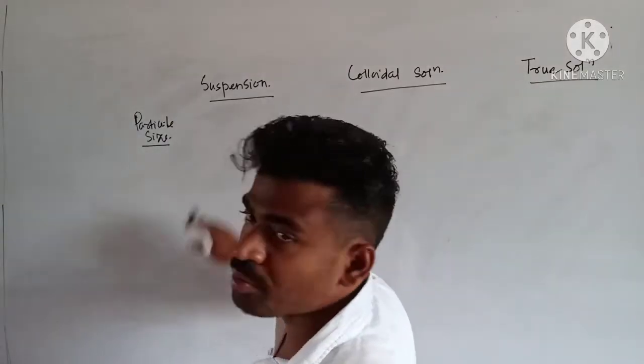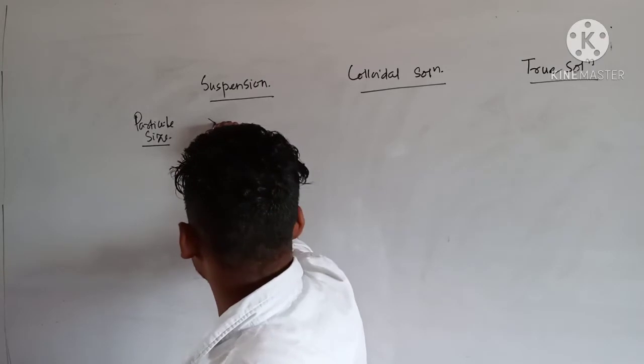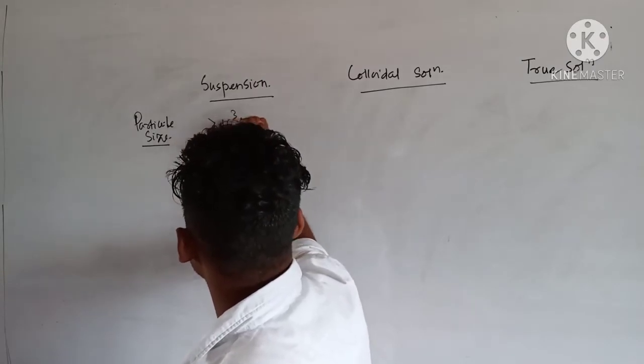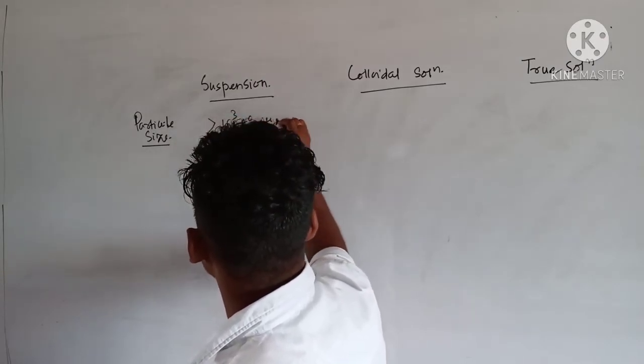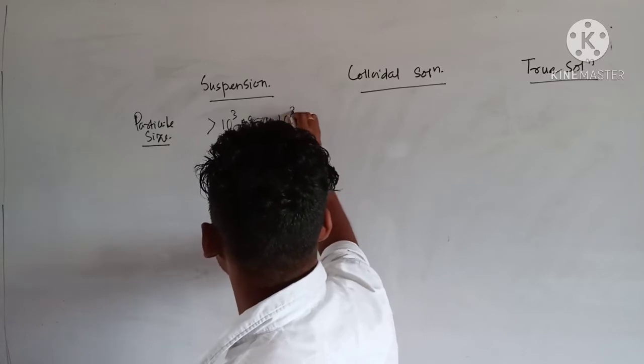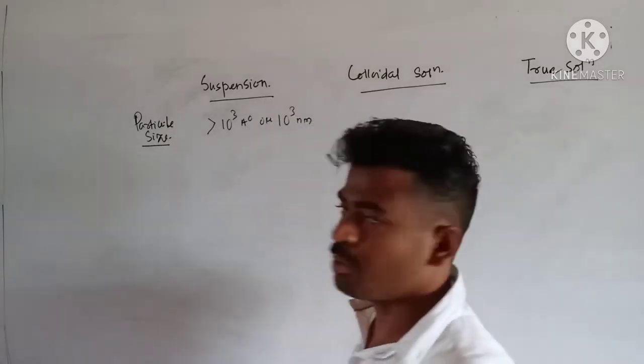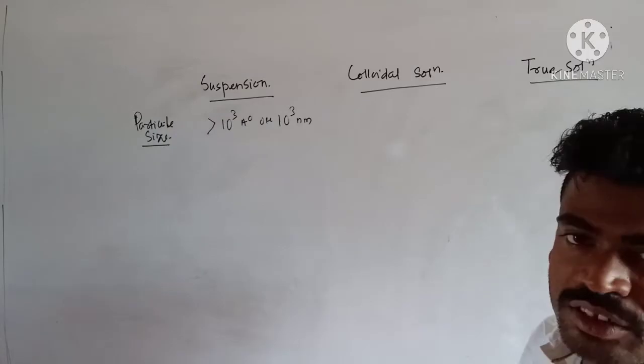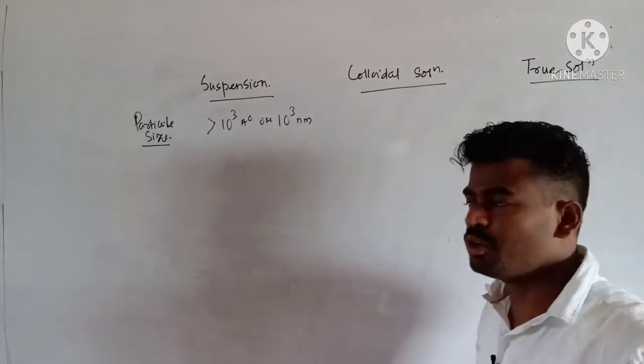Particle size in case of suspension is greater than 10 to the power 3 angstrom, or you can say 1000 nanometer. Particle size is particularly large. In case of sand, it is visible to the naked eye.